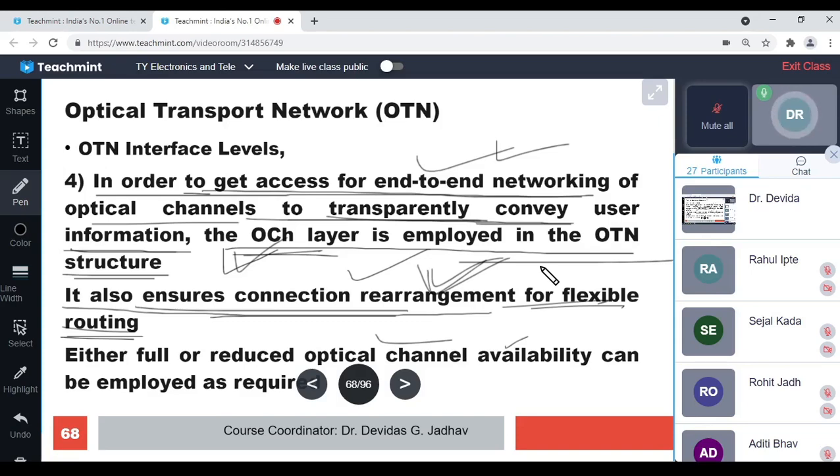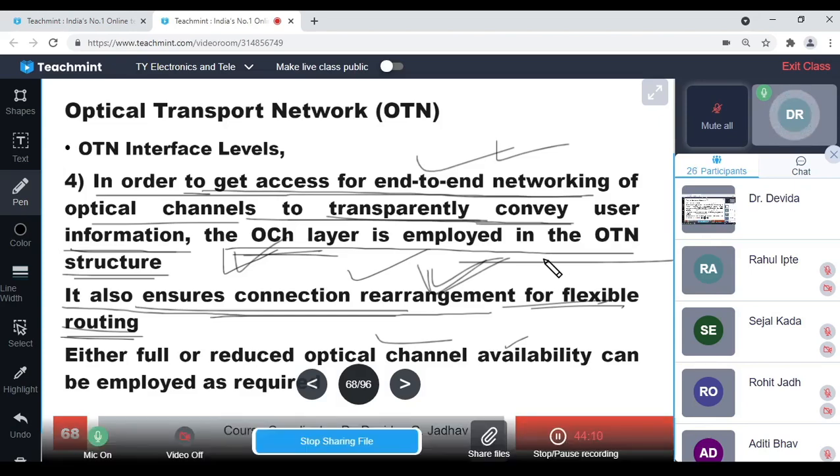One node has some load, another node has other load, and that path can be shared efficiently with some algorithm by the routers, by rerouting and rearranging the routing. Because of this, either full or reduced optical channel availability can be employed as required.